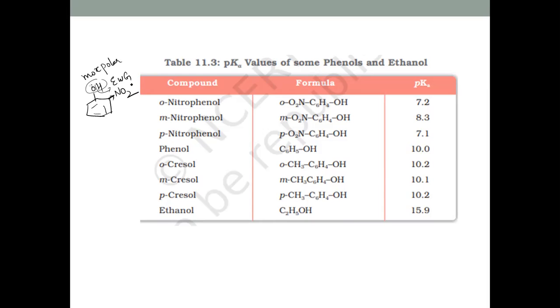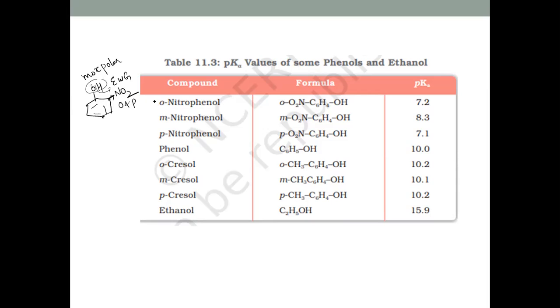So if electron withdrawing groups are present on the phenol, they are more acidic. And if they are present at ortho and para positions, the effect is more pronounced, because if you look at the resonance structures of this phenoxide or phenol, the negative charge is present at ortho and para positions. So this can be effectively delocalized by the nitro group if it is present at ortho and para positions.